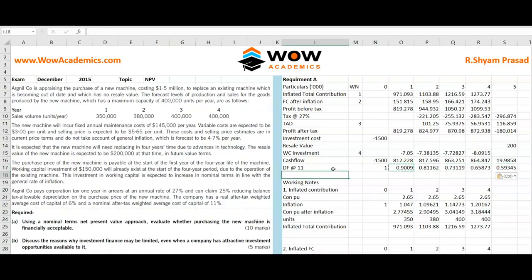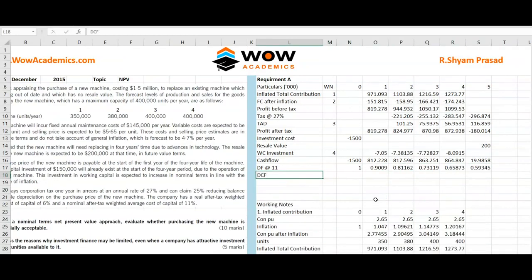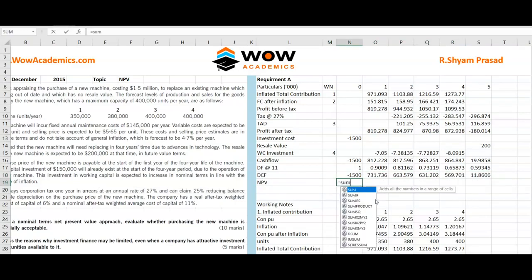So we have got all the numbers. So we can find out the DCF. DCF will be multiplication only. We get the NPV. NPV will be the sum of all the discounted cash flows.